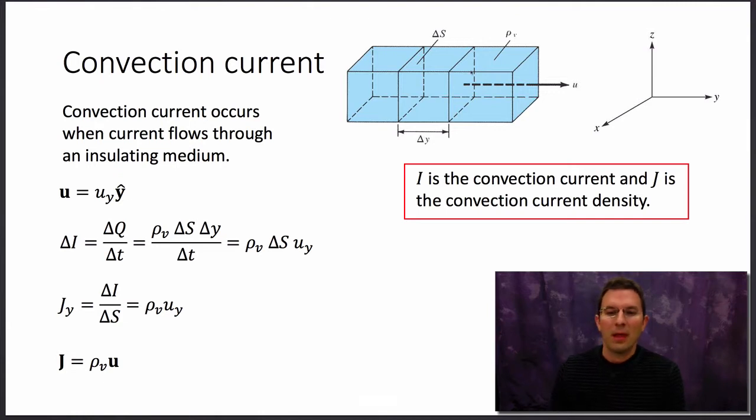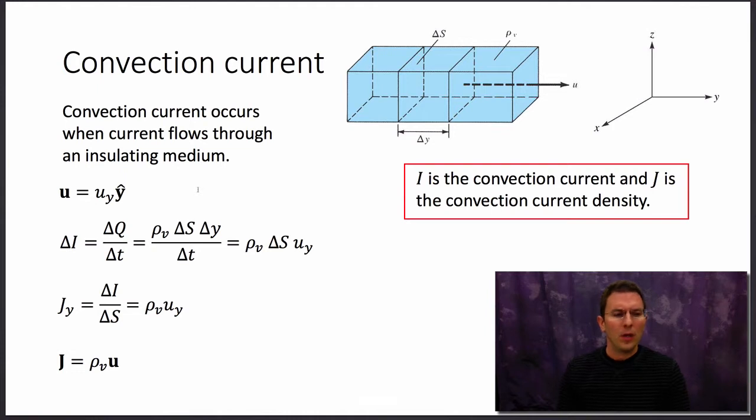We write the velocity of the charges, u, as u sub y, y hat. In other words, the charges are only flowing in the y direction, and this cross section is so small that we can treat this velocity as constant over it.